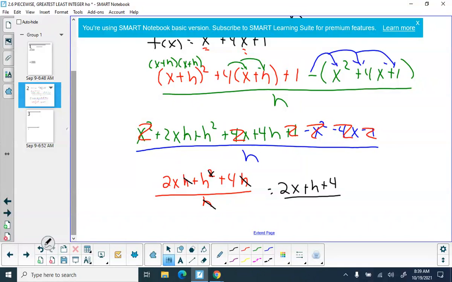Any other questions? Once again, what you're developing there is an algebraic expression, a rational expression that you have to simplify down to the difference quotient.